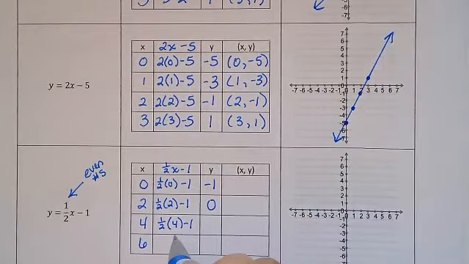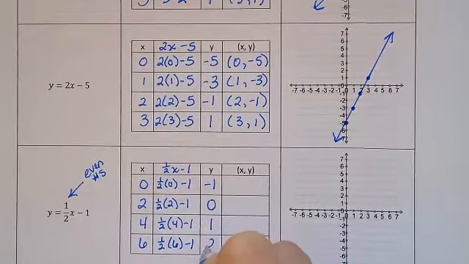A half of 4 is 2, and 2 minus 1 is 1. A half of 6 is 3, and 3 minus 1 is 2.